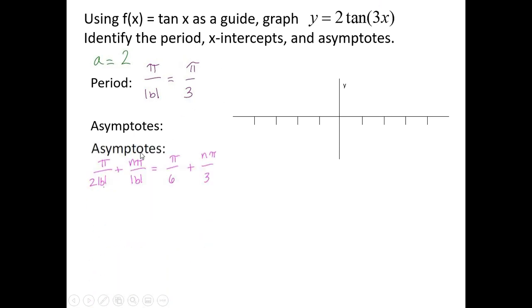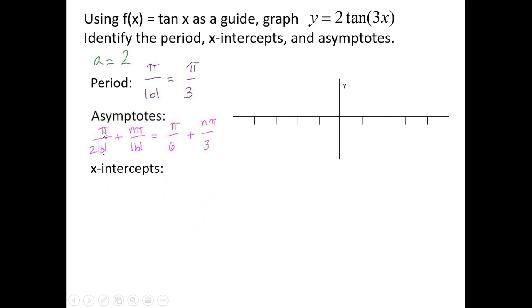My asymptotes are going to be at pi over 2 times b plus n times pi over the absolute value of b. So it's going to be pi over 6 plus n number of pi over 3 after that. And we'll graph that in just a second so you can see what that looks like.